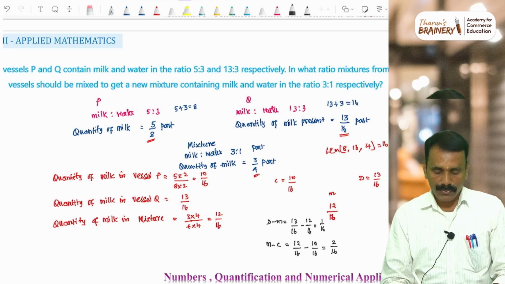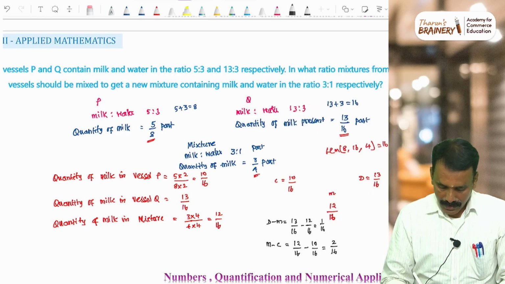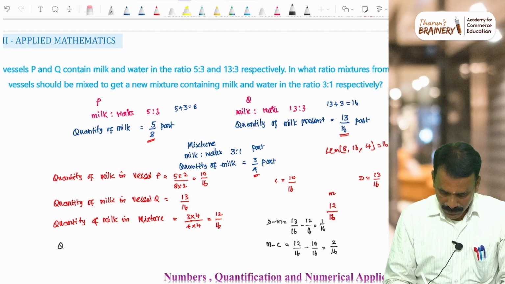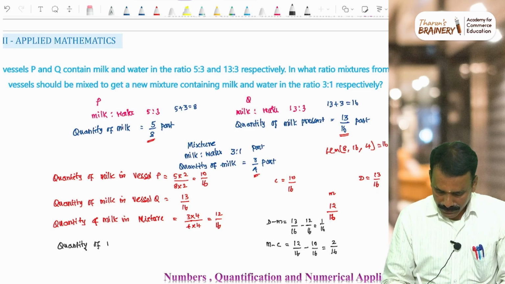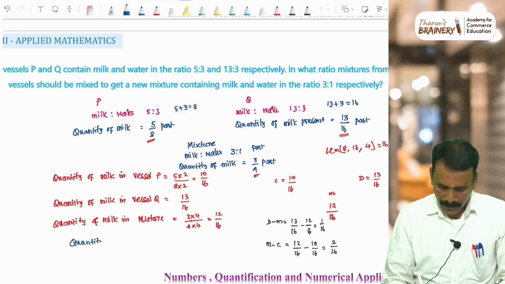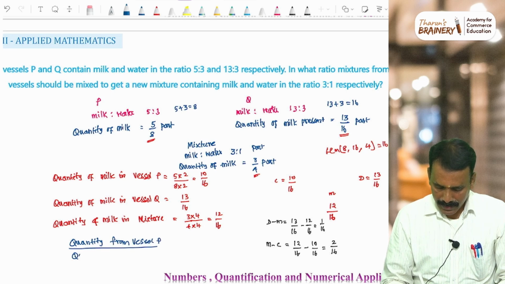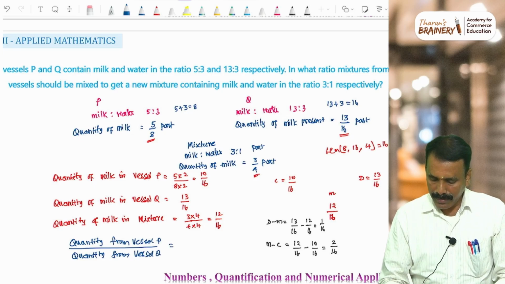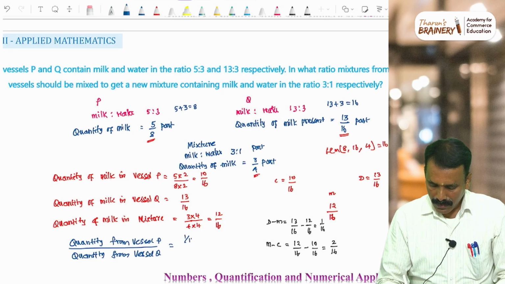So now we are going to find the ratio. The quantity of milk from vessel P divided by the quantity from vessel Q will be 1/16 divided by 2/16.